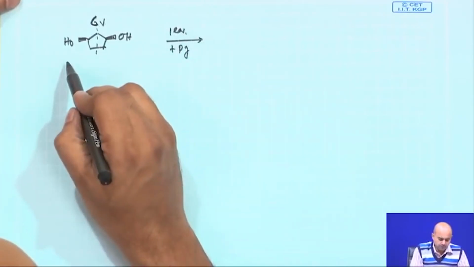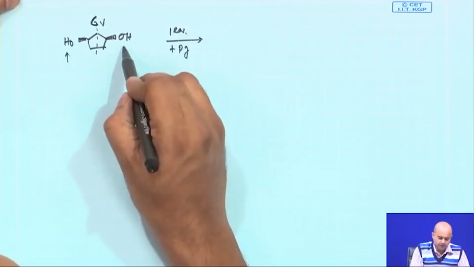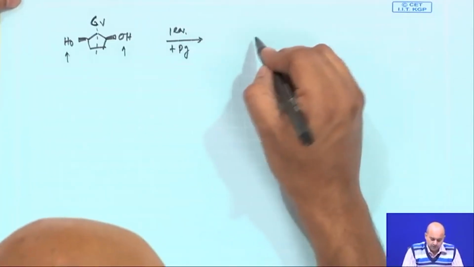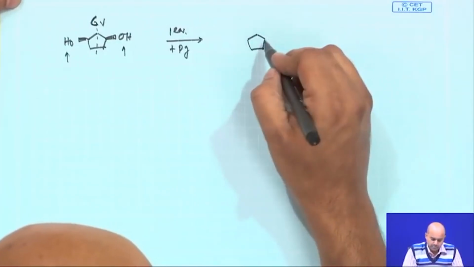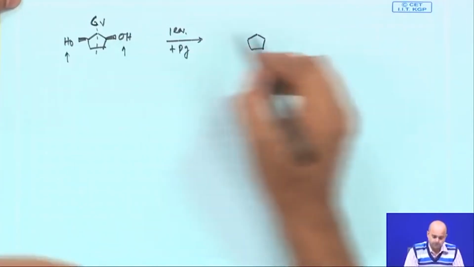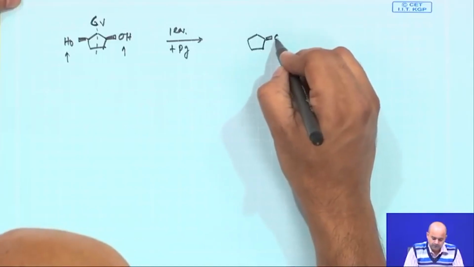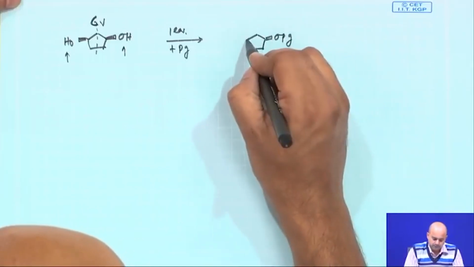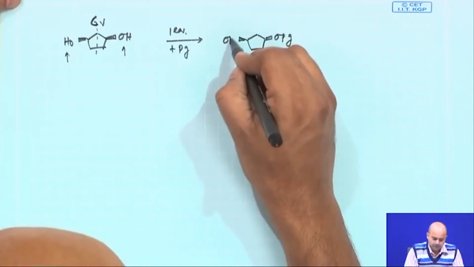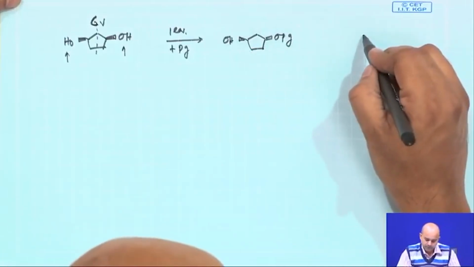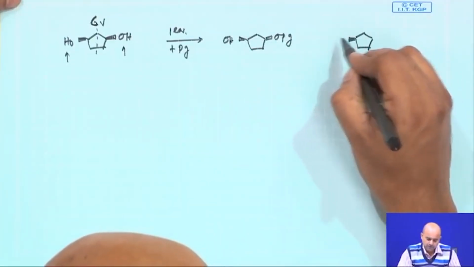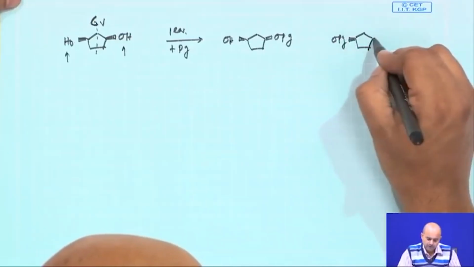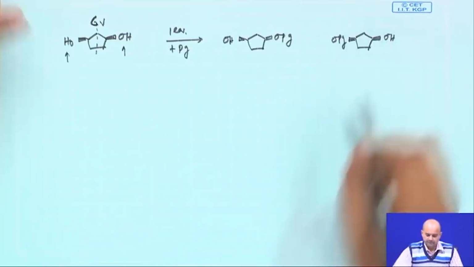In principle, this protecting group can come here as well as here. Let us first see that if the right hand side OH is protected, you get this, and if the left hand side is protected, you get this compound.